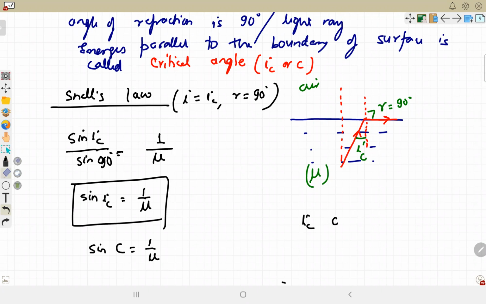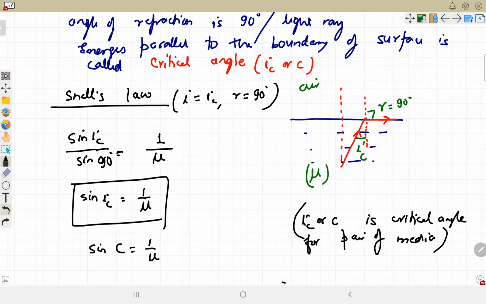अब critical angle किसी एक medium के लिए नहीं है. This is the critical angle for this pair of media. जैसे यहाँ पे water से air के लिए critical angle for pair of media. Water से glass में different होगी. Water to air it will be different. It depends upon the medium also where it is going.